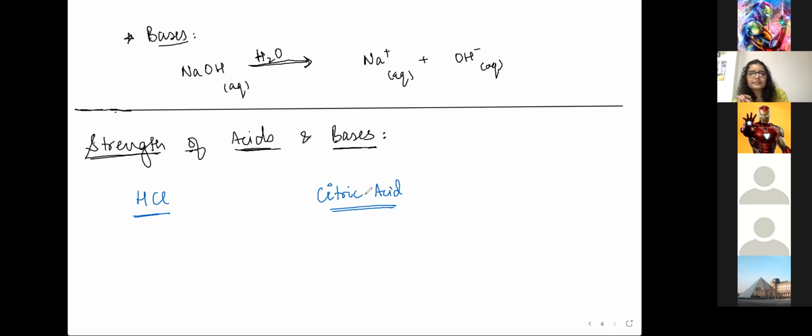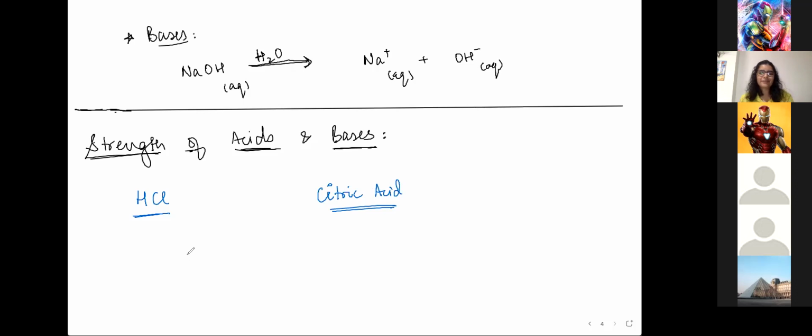I mean, HCl gives out more H plus ions as compared to citric acid, so it is actually more reactive. That's nice. Good way to put it. But simply speaking, which would you rather touch or drink? HCl or citric acid? Citric acid.